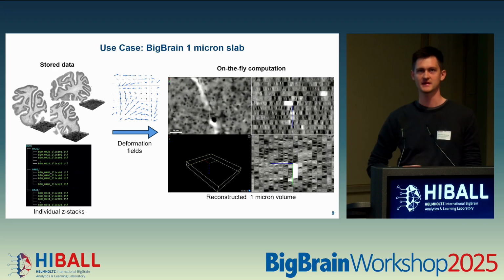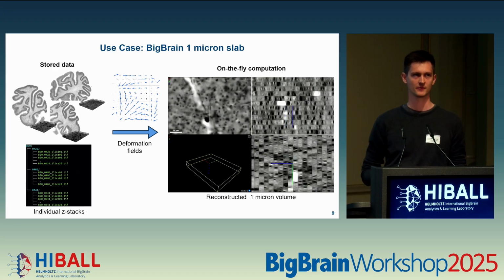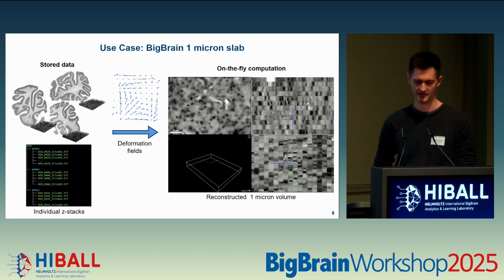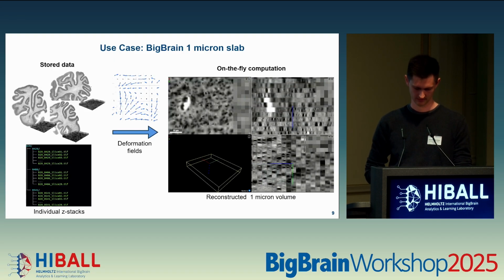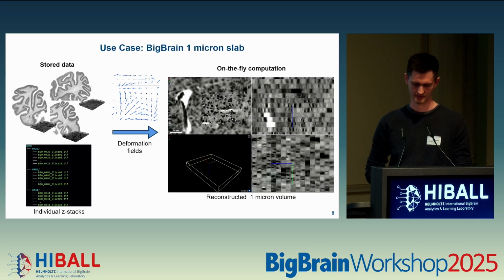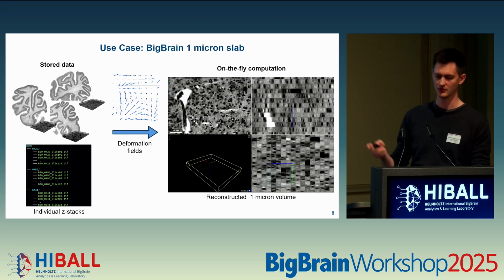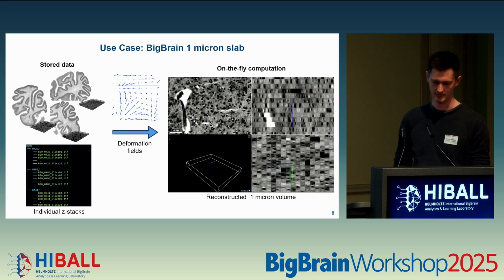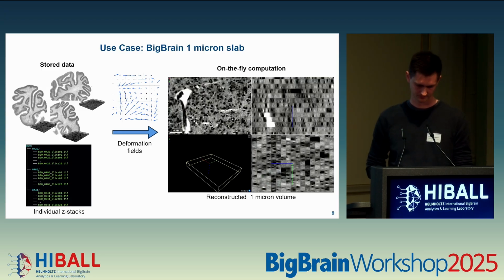Of course it would be faster if we just copied the data, but with this approach we don't need to create a copy each time we want to access the data anymore. Yeah, and then at the highest resolution we can also navigate through the volume, and it's loading the data that's requested.